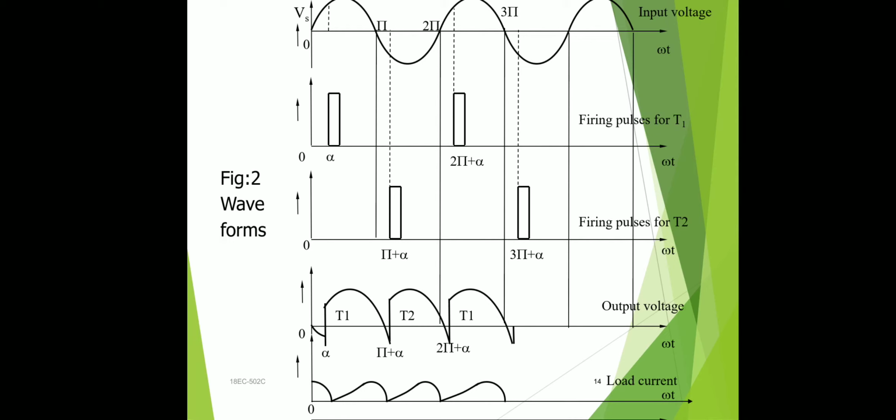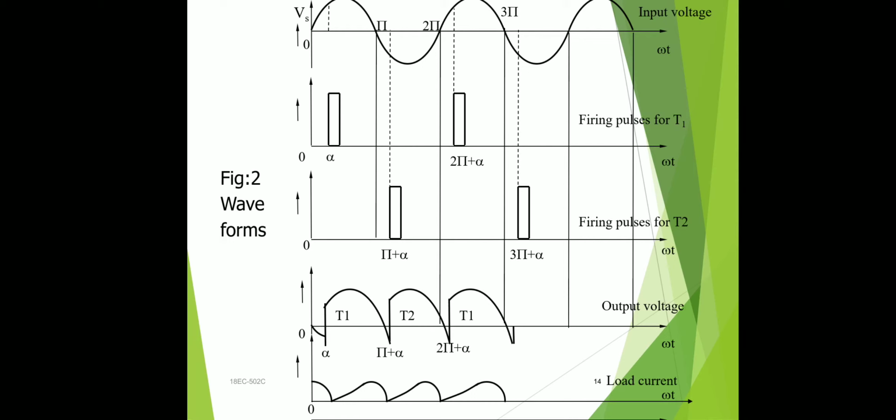After pi radians there is a phase reversal in the input, but still the SCR is in the on state due to the energy stored in the inductor, but the output is negative. This is up to pi plus alpha, that means until the energy stored in the inductor is dissipated through the resistor, this SCR is in the conducting state.